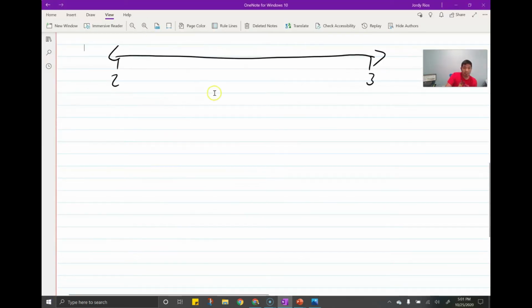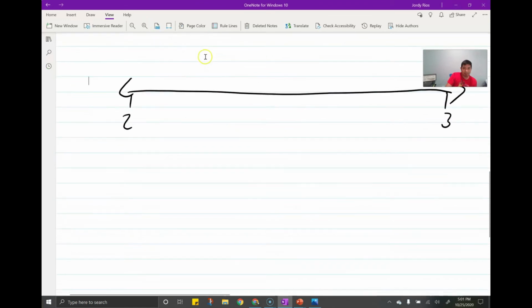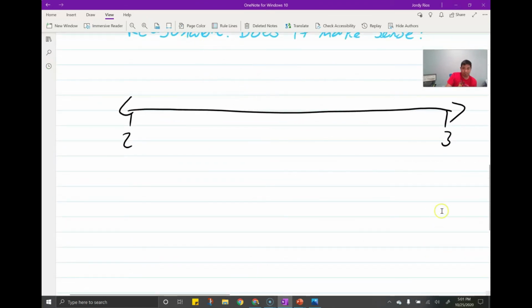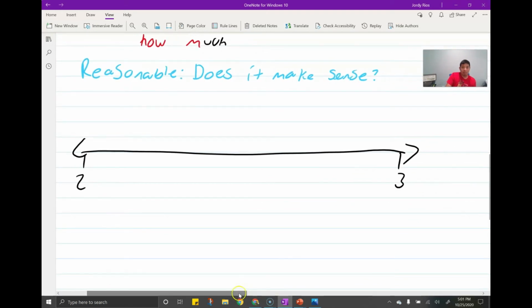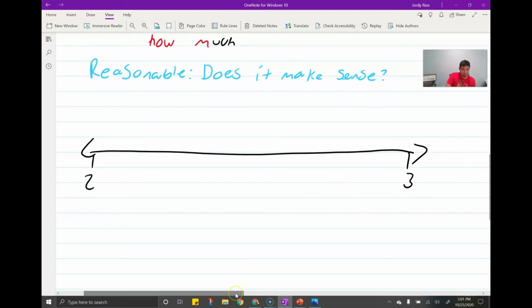All right, so let's work on this number line. Let me just make this correct. So our numbers on the ends are 2 and 3, which are our whole numbers, okay? And so we need to fill this in. 1, 2, 3. Okay, so I have 9 tally marks, and I'm starting with 2.